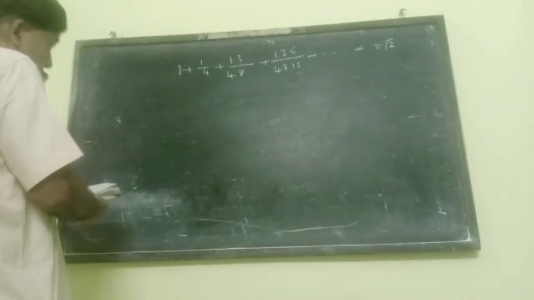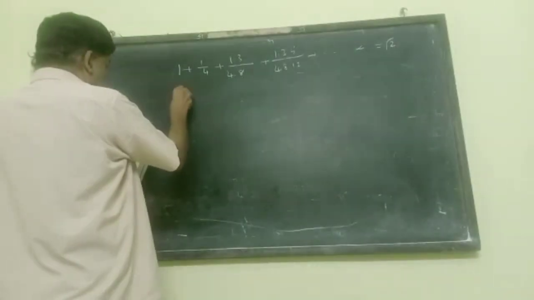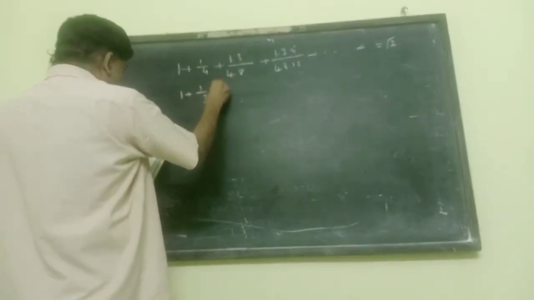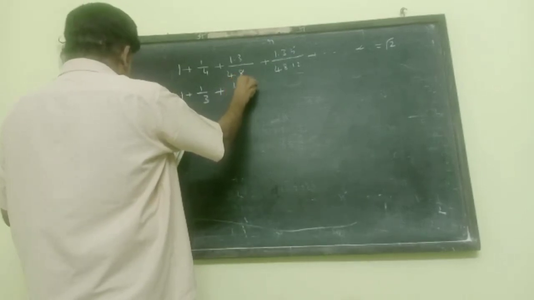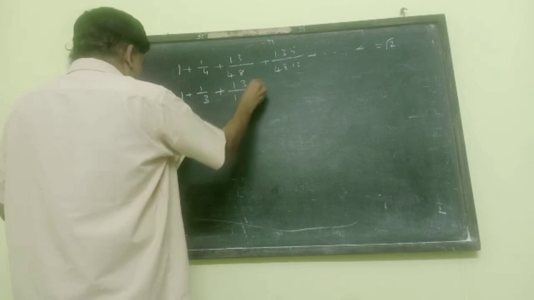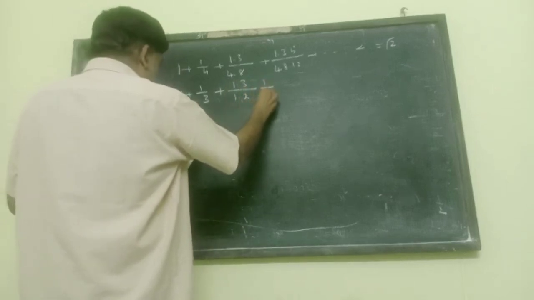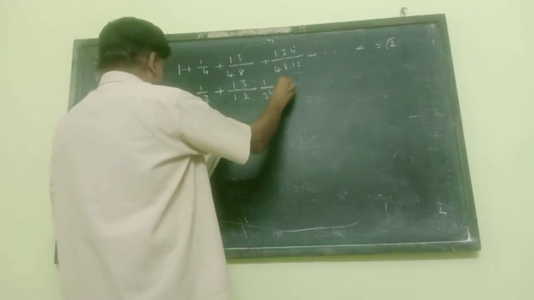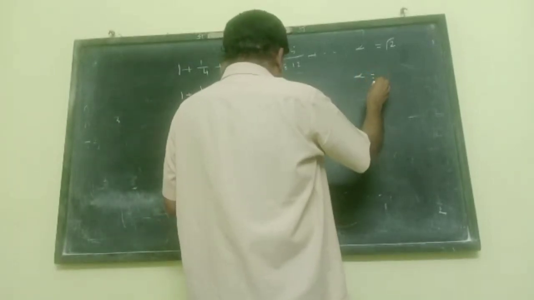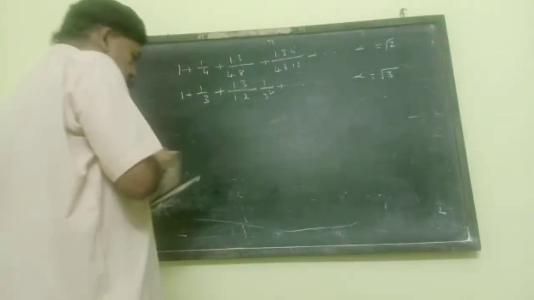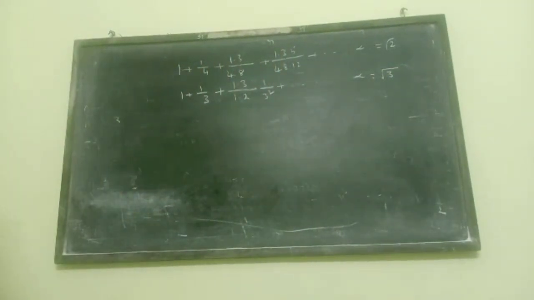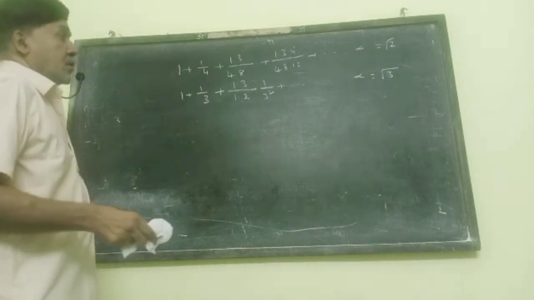Show that it is equal to root. 1 plus 1 by 3, (1 into 3)/(1 into 2) into (1 by 3 square) up to infinity is equal to root 3. You have to show those two things are equivalent to root 3.